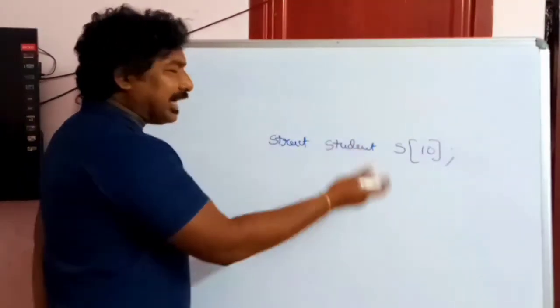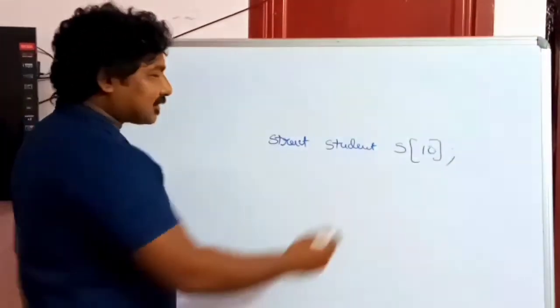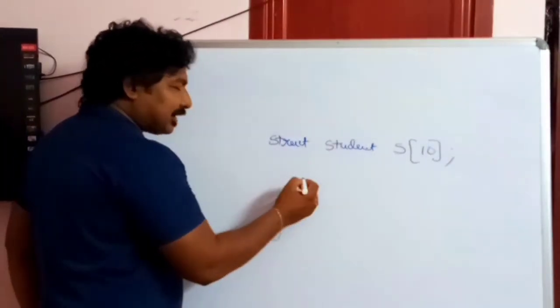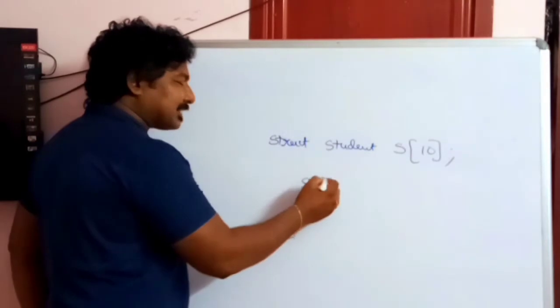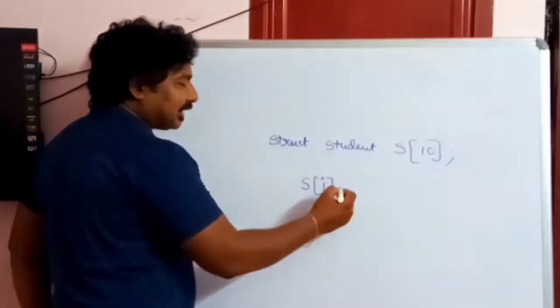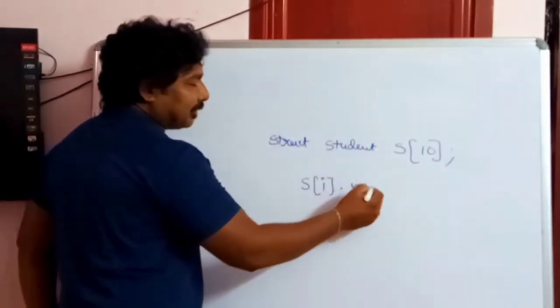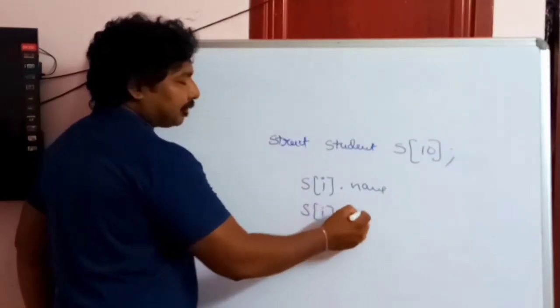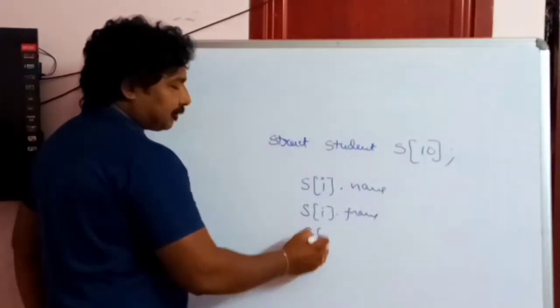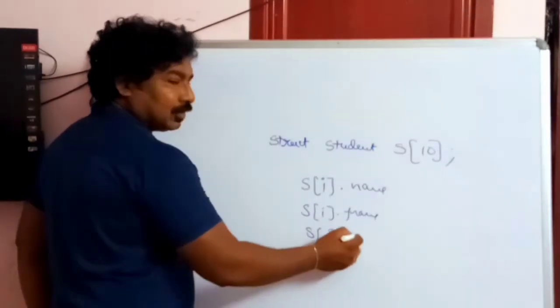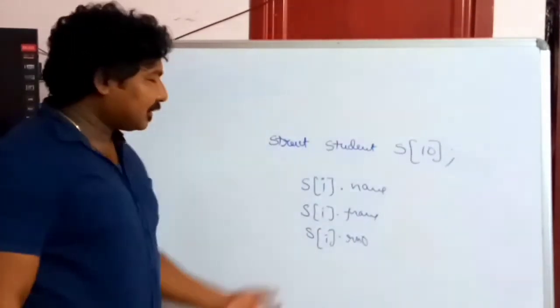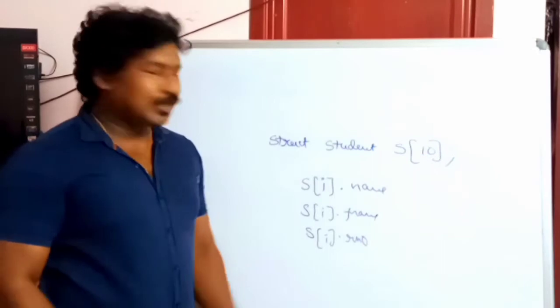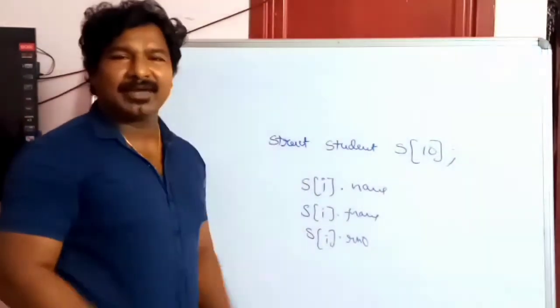So how do we enter values into this structure array s? In that case I have to use s[i].name, that is s of index i dot field names, like s[i].name, similarly s[i].rollnumber. This is how you can access the individual elements, put values into them, or read the values.